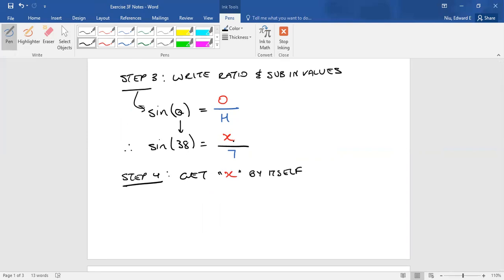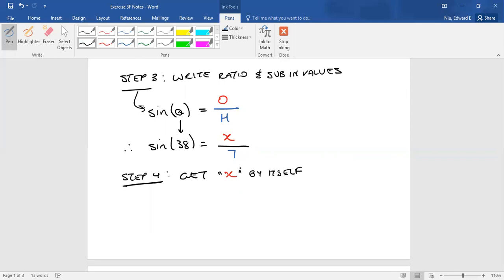What's the opposite of divide? If you said the opposite of divide is multiply, you are correct. We multiply the left side by 7. To neutralize the division by 7, we chuck the 7 to the other side and we times sine 38 by 7.